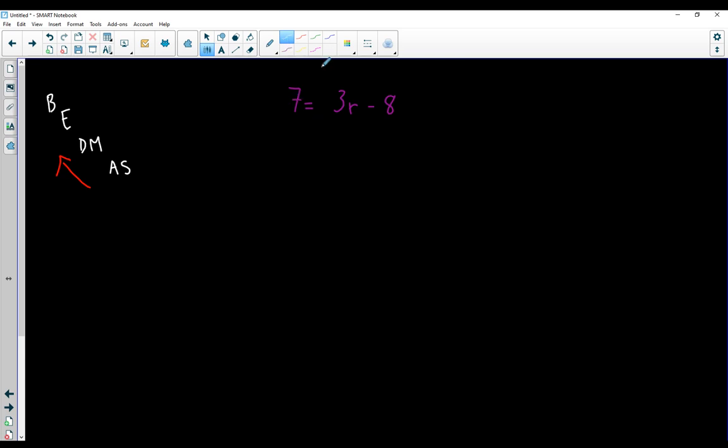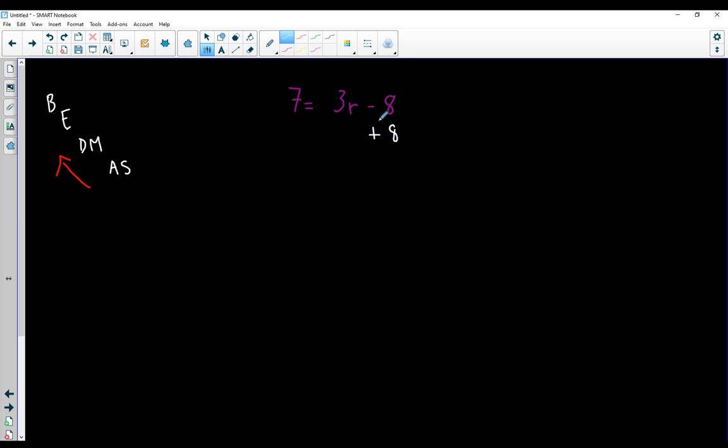We're looking at the equation 7 equals 3r subtract 8. Again, the first step is the opposite, so we work from the addition and subtraction piece first. We're going to start with the constant. What is the opposite of subtract 8? Well, it's going to be add 8.